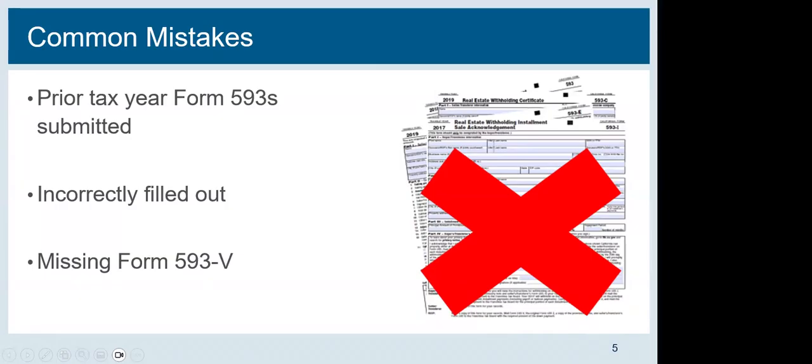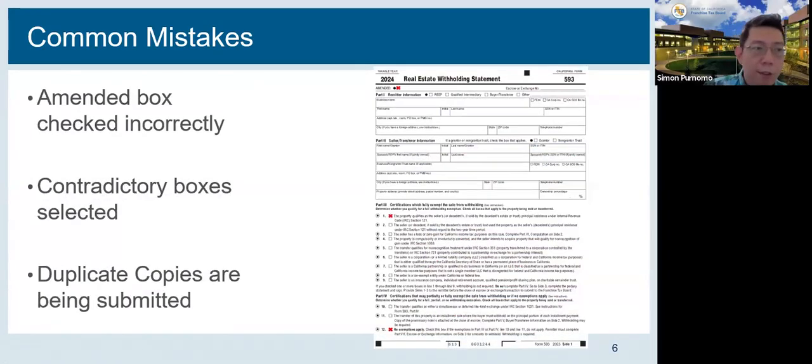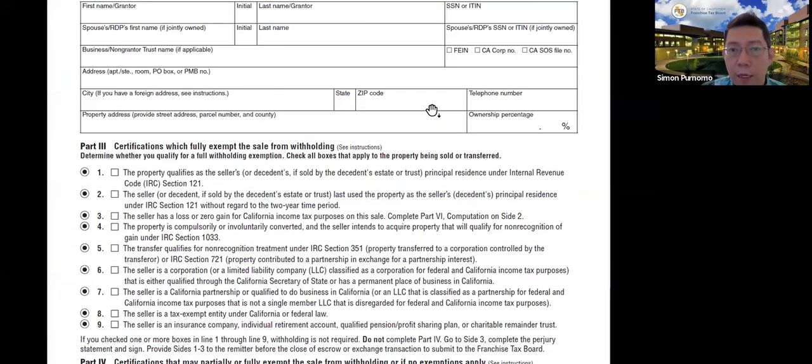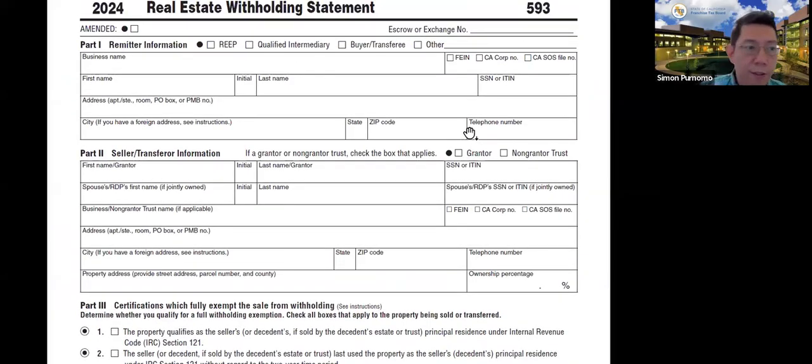Another common error that we have seen is the form being incorrectly filled out. Let me show you my form. I'm still on the first page here. For example, in Part 2, this is the seller information.